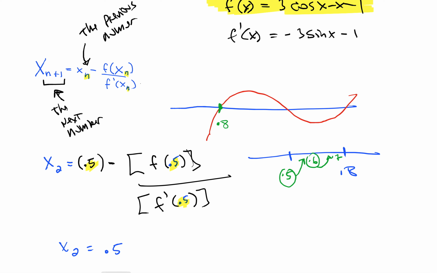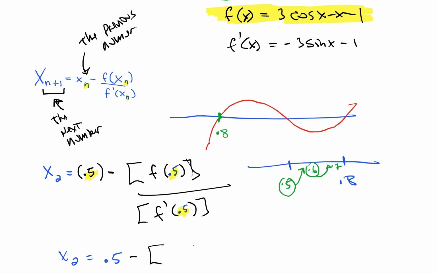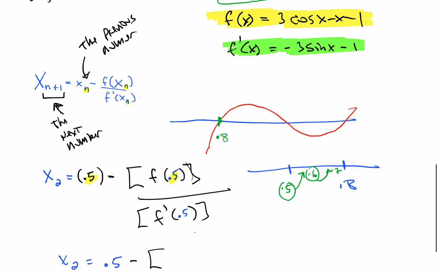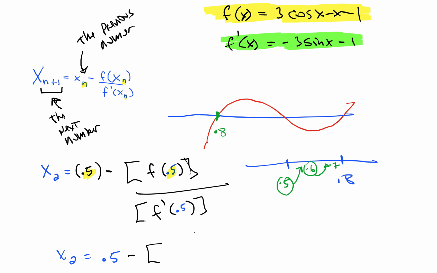Okay, so you drop the 0.5 into your OG. So you're going to have minus, your OG is up here in yellow. Okay, so I'll keep talking. We're going to plug 0.5 into the original equation.